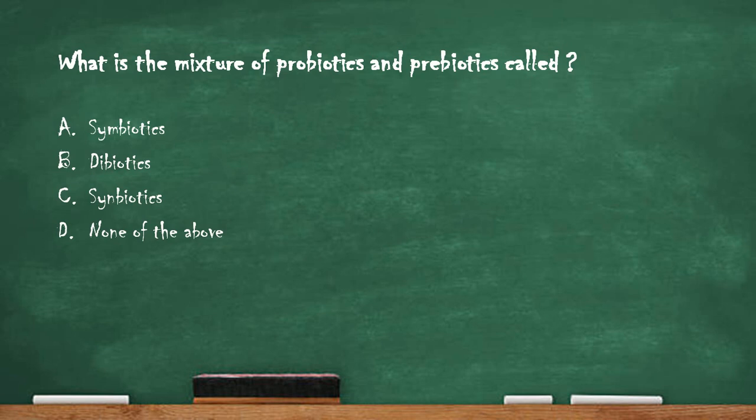And the right answer is option C, synbiotics. S-Y-N, syn, not sim, synbiotics. Basically, synbiotics are a combination of probiotics and prebiotics that work together to improve gut health. They can be found in food ingredients or dietary supplements.